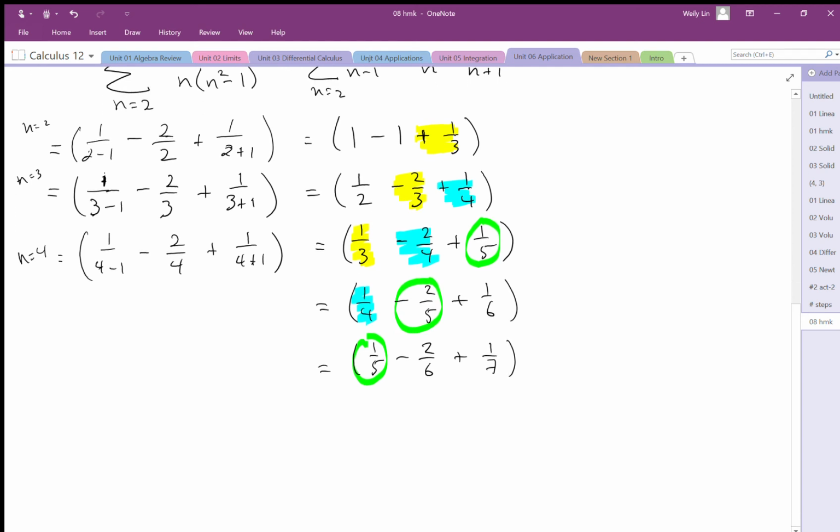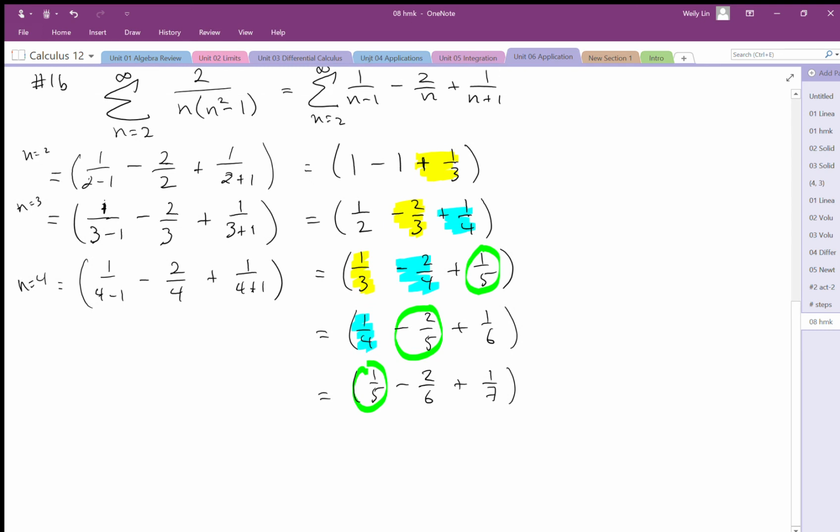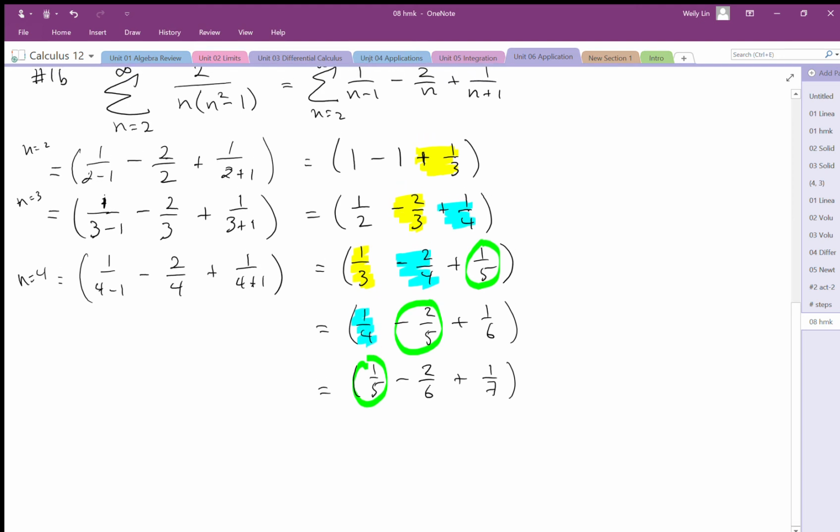So for every row I go down, I'm going to be able to cancel these out diagonally like this. So this sum then ends up looking like this. The sum as n starts at 2 and goes to infinity of 2 over n squared minus 1 is going to start like this: 1 minus 1 plus 1/3, which cancels out, plus 1/2.